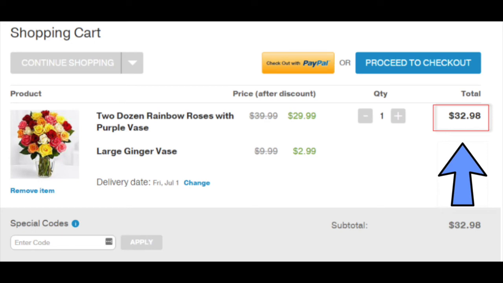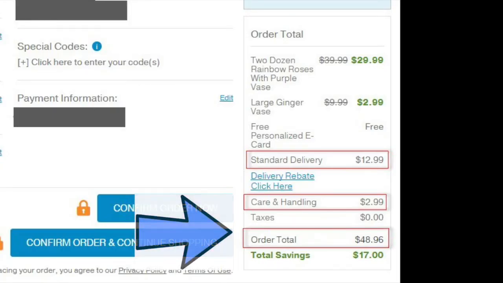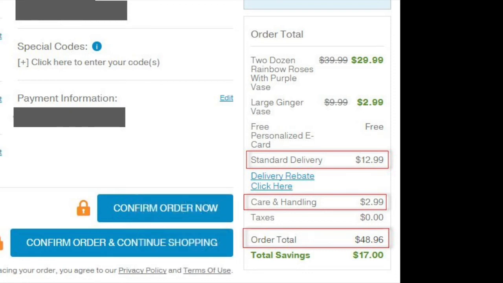What started as a $32.98 purchase somehow ends up costing $48.95, and they have the audacity to suggest that we save $17. Well, how about instead of sneaking in multiple hidden fees that bump the price up, you just roll these costs into the initial price up front or display them at the beginning of the checkout process? Seems like that would be a lot more honest and a lot less irritating.